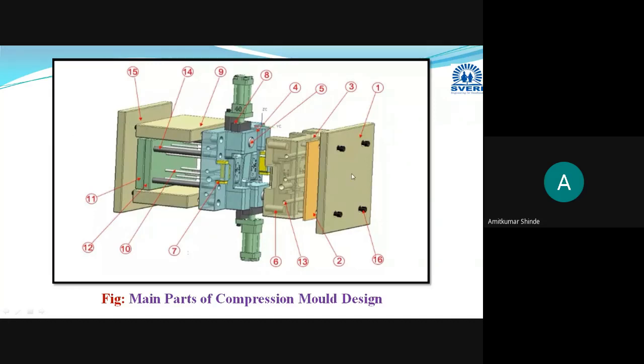What is the function of the top plate and the bottom plate? They help you connect the hydraulic arrangement. With the help of that hydraulic arrangement, we apply the necessary pressure in the compression molding process.